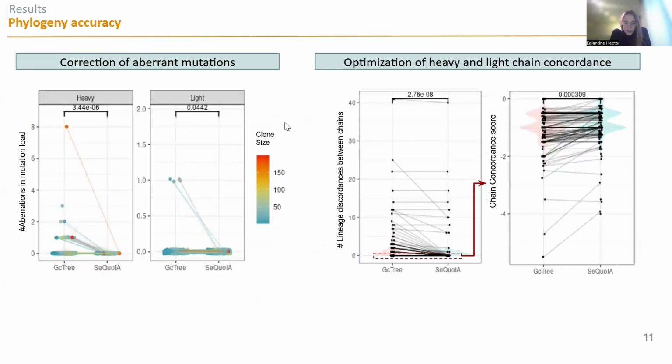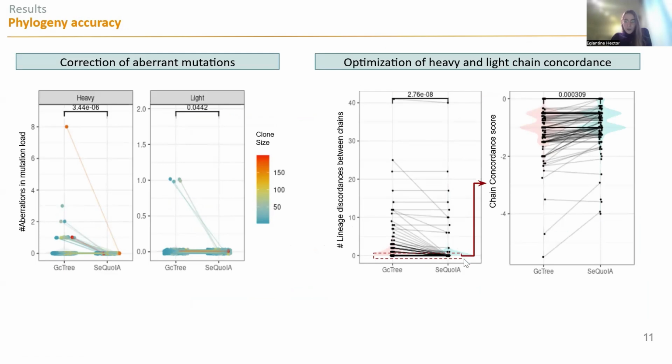So we checked whether SeQuoIA successfully optimized the criteria that we have introduced. And this is the case. In the right panel, what you see, we compared the concordance scores between SeQuoIA and GC3. It just corresponds to a tree pair within a clonotype, and we see that the trees selected with SeQuoIA have more consistent lineages than the ones chosen by GC3.